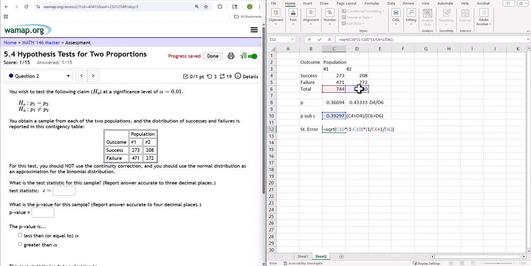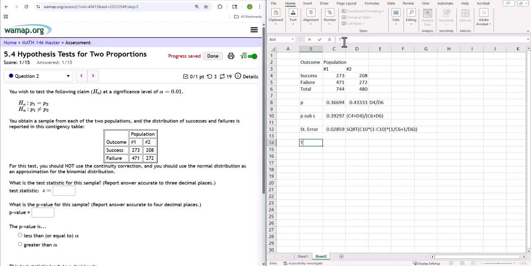And then I think I need another set of parentheses. Okay, so P sub C times 1 minus P sub C, 1 over this, 1 over that. That should be good for our pooled probability. Now it's a little bit more difficult to decipher what it is when we have all the cell numbers in there versus the numbers, but if we keep all the data in Excel and let it do all the rounding and all that stuff, we get the most precise answer that we can here.